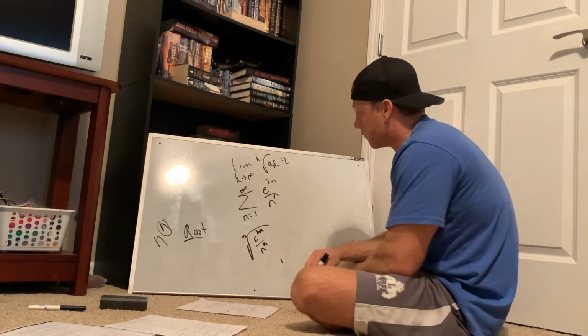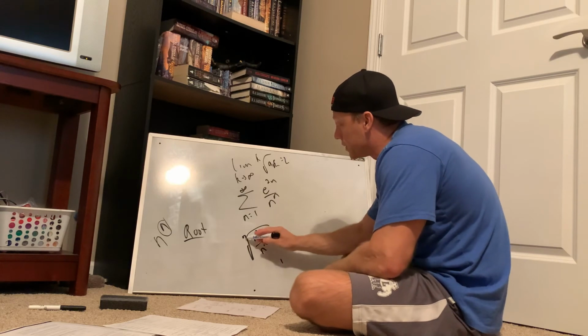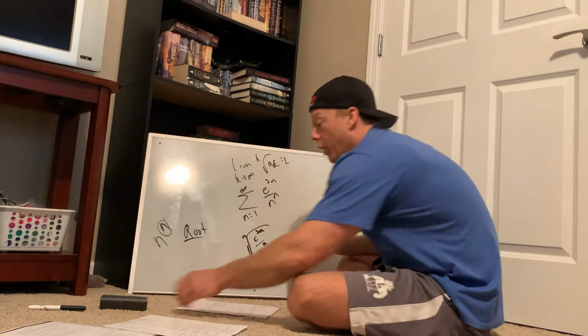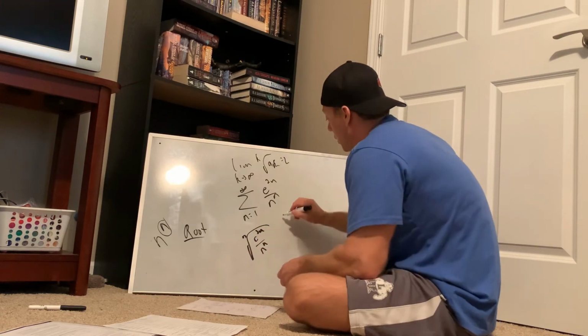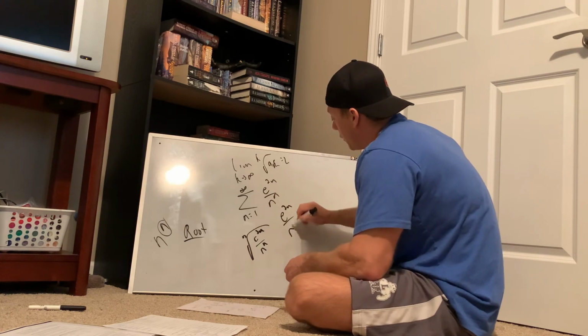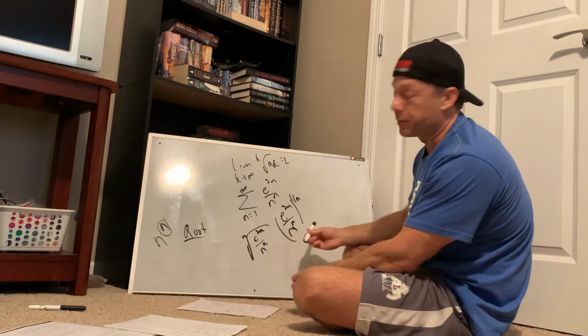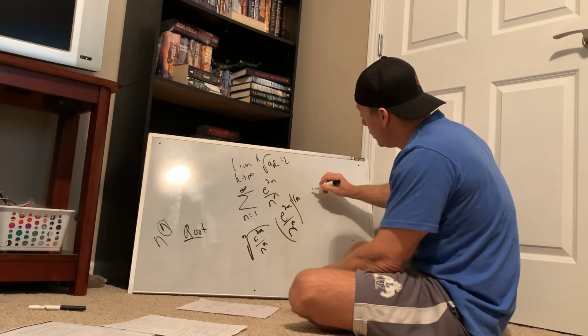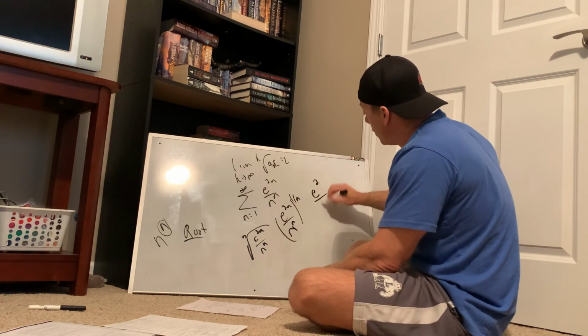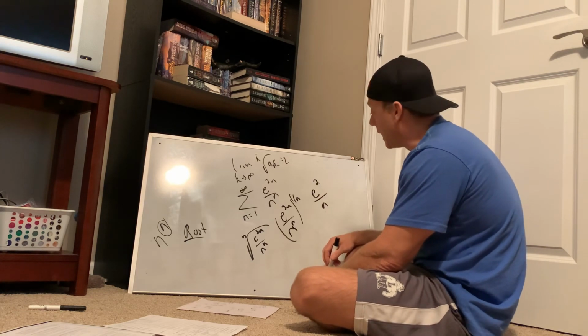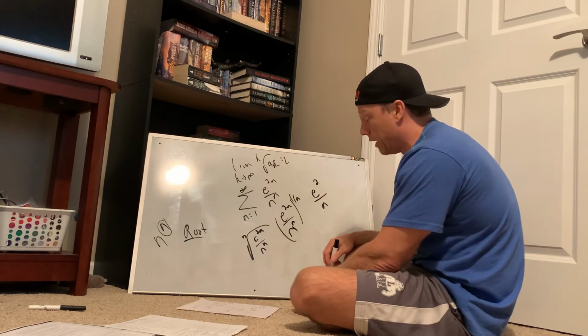Well, just remember, this is really the 1 over n power. So if you take e to the 2n over n to the n, and then we raise it to the 1 over n power, when you raise a power to a power, you multiply, and you end up with e squared over n. That's going to be my new function when I take the root of it.